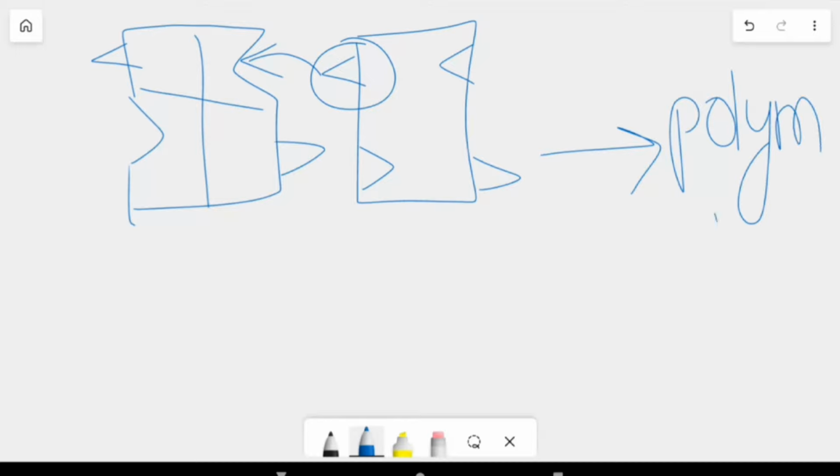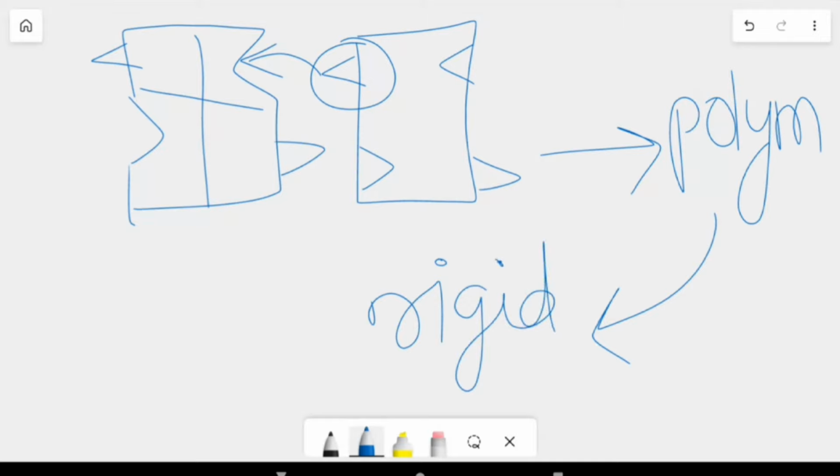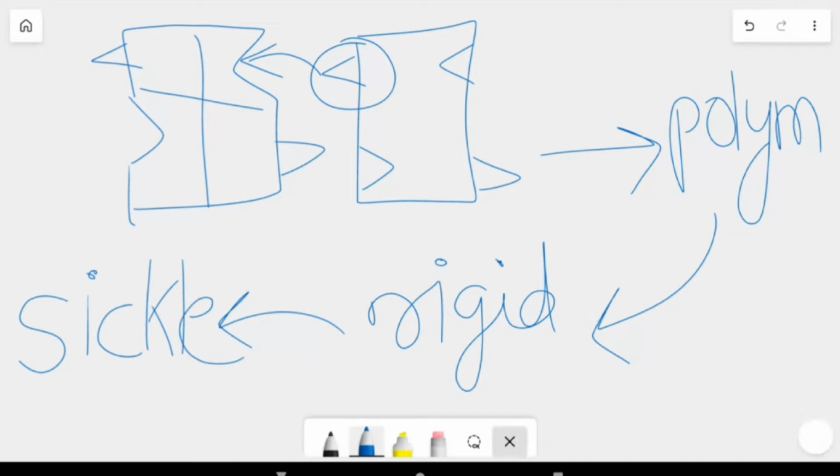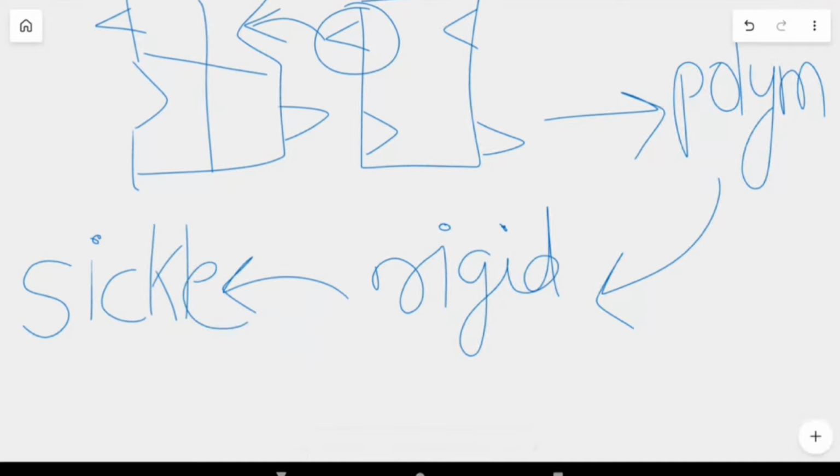So this polymerization ultimately causes the RBC to become rigid, and this rigidity results in the formation of an RBC which is sickle shaped. So this is exactly what's happening in a sickle cell RBC.